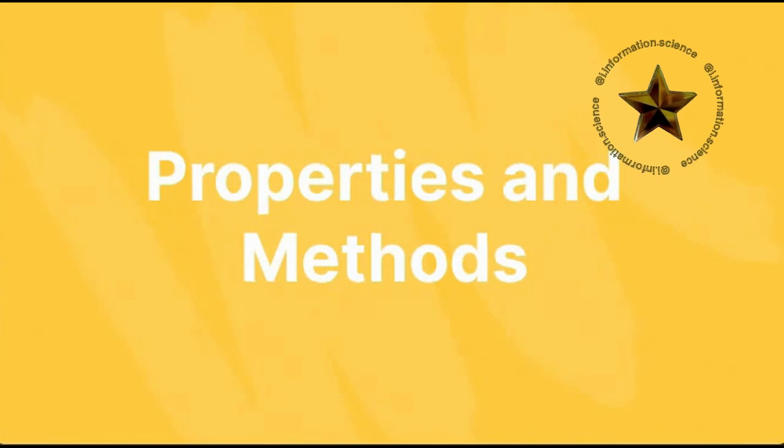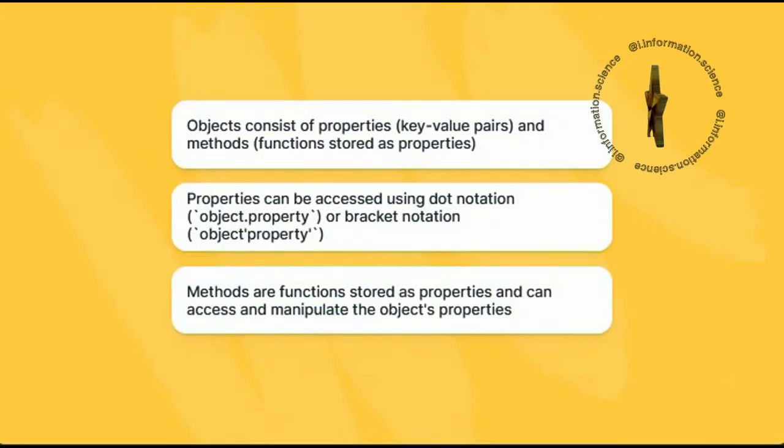Properties and methods. Objects consist of properties, key-value pairs, and methods, functions stored as properties. Properties can be accessed using dot notation, object.property, or bracket notation. Methods are functions stored as properties and can access and manipulate the object's properties.